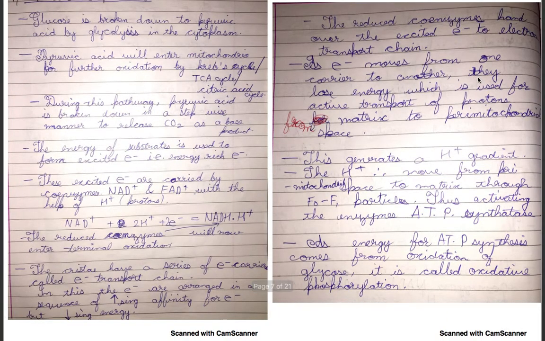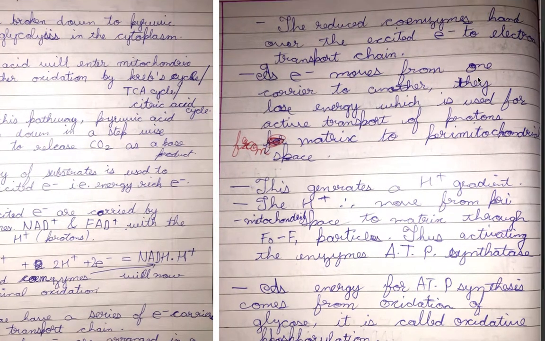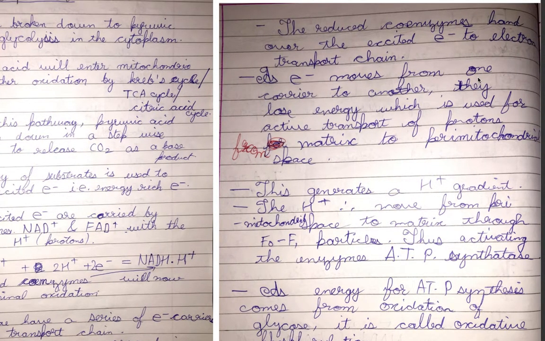The proton gradient's energy is used for all this. The reduced coenzymes hand over the excited electrons to the electron transport chain, that is A, B, C. As electrons move from one carrier to another, they lose energy, which is used for active transport of protons.